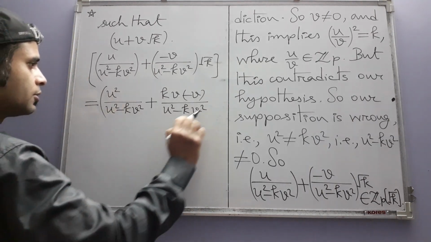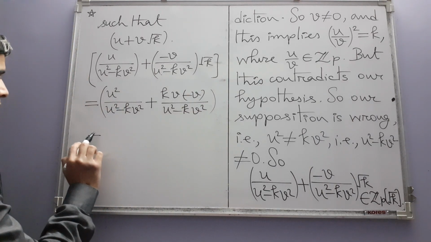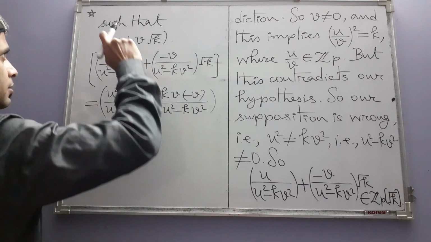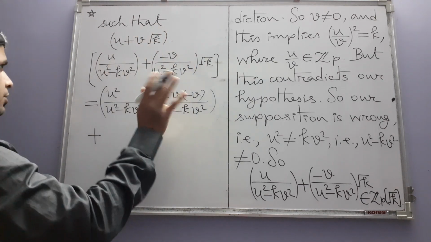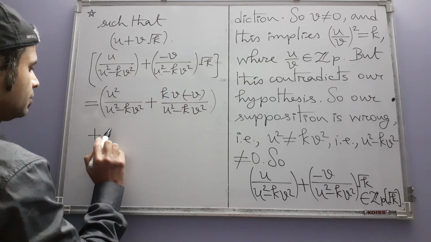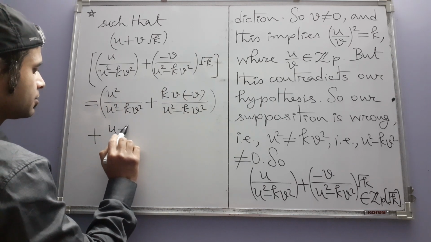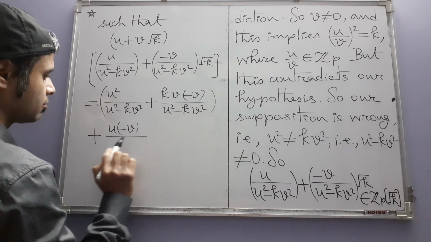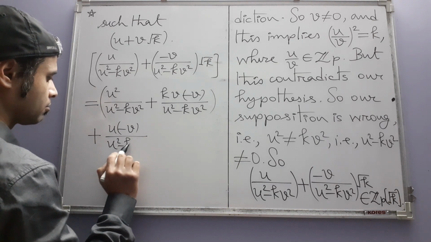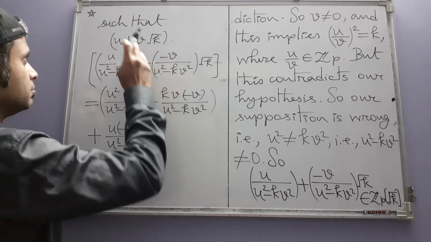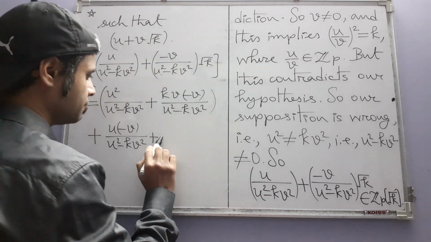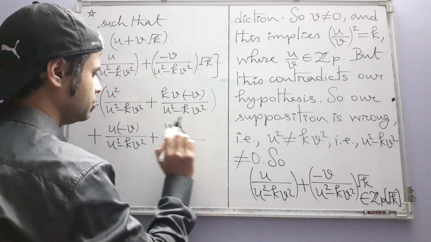This is one thing, and this times this plus this times this, and here we do not have any k. That means u times minus v plus this times this, v times u.